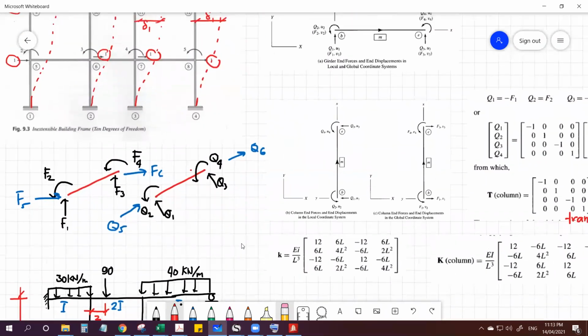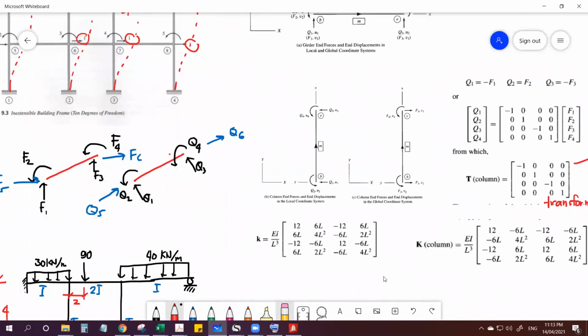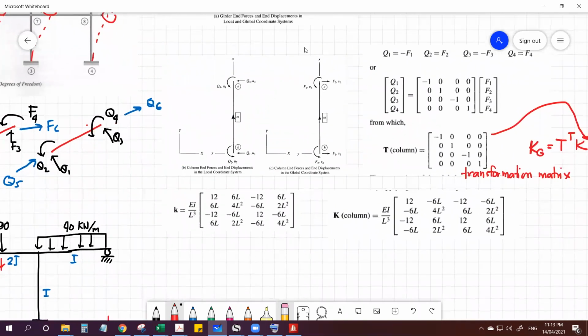Now, also, a typical building has either vertical or horizontal orientation. Vertical for column and horizontal for girder or beam. Now, in order to use the beam stiffness matrix for a vertical column, we need to transform the stiffness matrix.